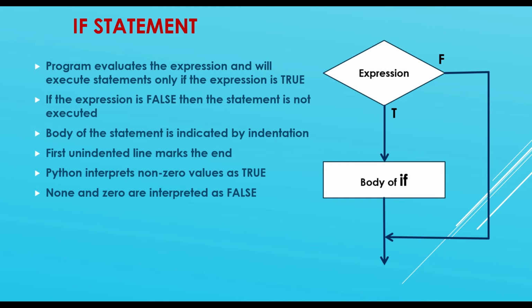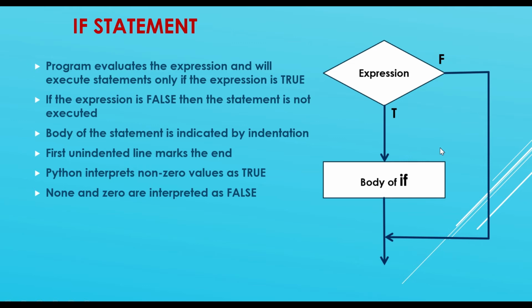So what is an if statement? We have seen some of this yesterday, but let's go through the theory part. The program evaluates the expression and will execute the statement only if the expression is true. If the expression is false, then the statement is not executed.